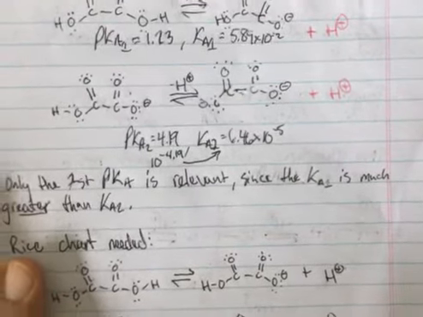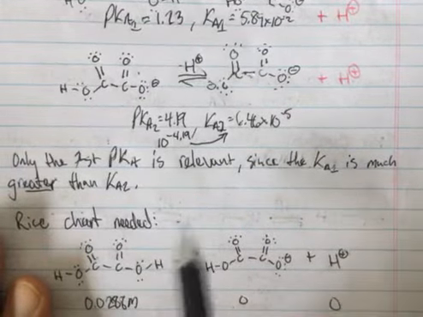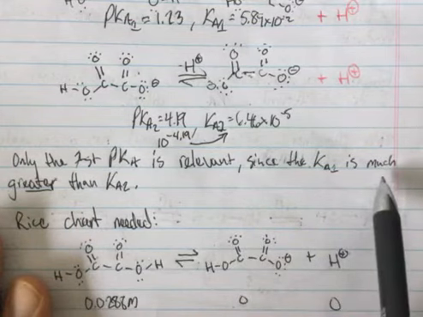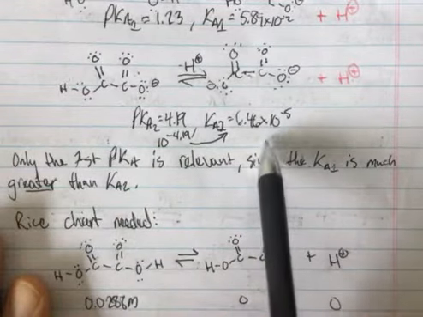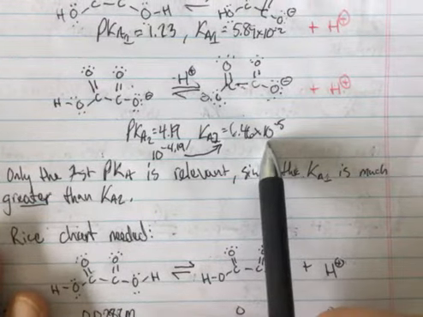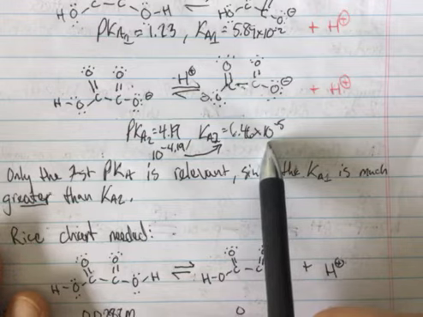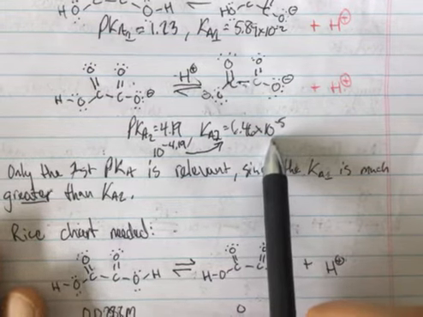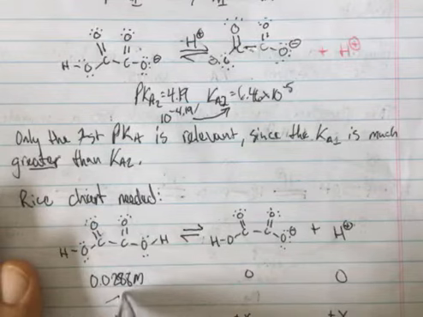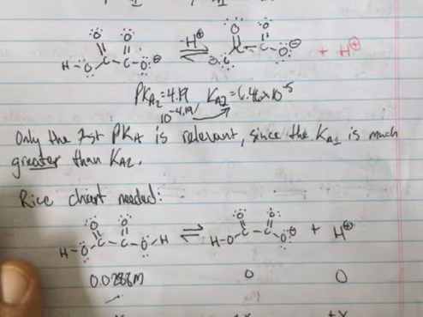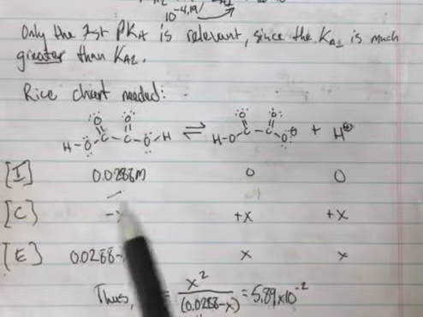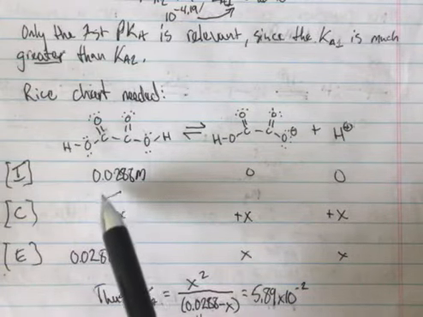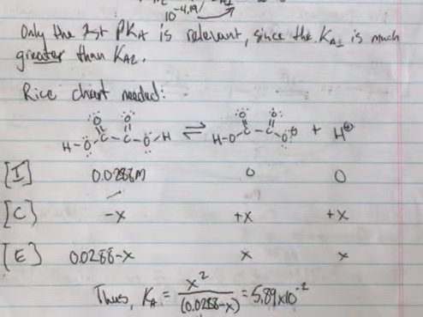All right, now only the first Ka is relevant, since Ka1 is much greater than Ka2. In other words, if we were just to look at this one particular dissociation constant, it's going to be pretty marginal relative to the actual concentration that we have of this acid. So a Rice chart is needed for this question. We're going to start off with 0.0288 molar oxalic acid.